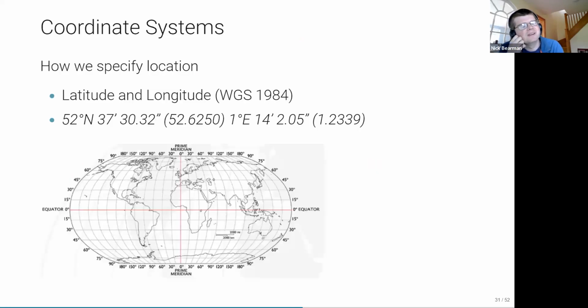The other practical element is coordinate systems. So this is how we specify location. We give a location a set of numbers, and there are several different systems of those as well. Latitude and longitude being the most common, which you've probably come across. So a certain distance north or south of the equator, and east or west of the prime meridian, the north that goes through Greenwich, London.